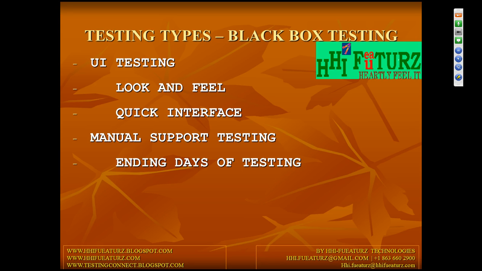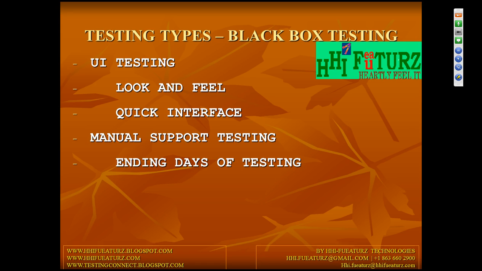Another important point during manual support testing: you may be aware of MS Office, Windows XP and Windows 7, where the UI entirely changed. Or Microsoft Office 2003 to 2007 or 2010, where the UI entirely changed.